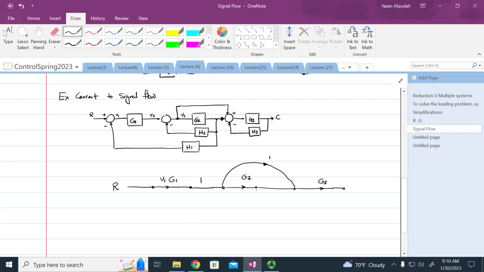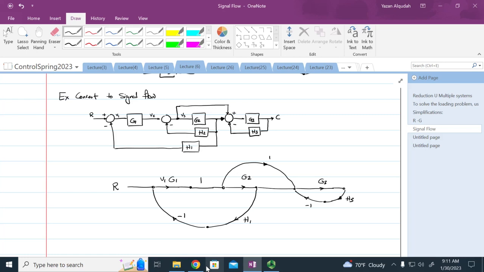And we have a signal at the output of G2 that has H1 and then -1. And then we have a signal from the output, the H3, and -1. Okay.